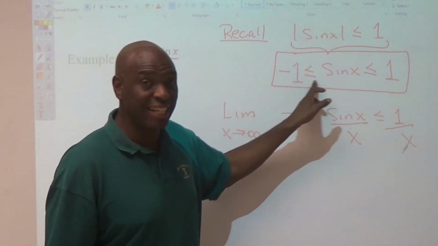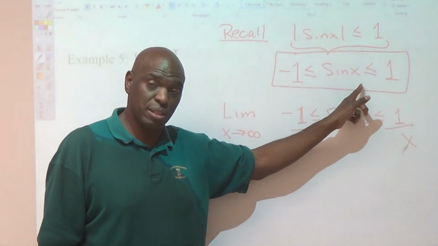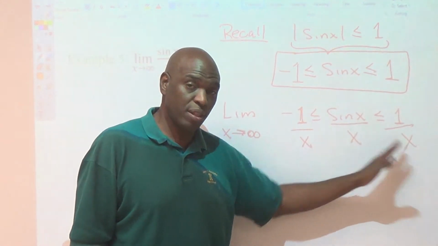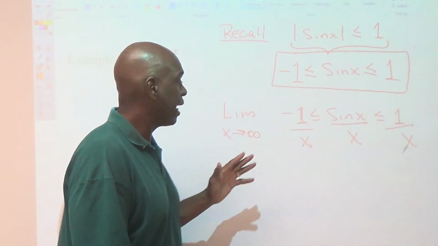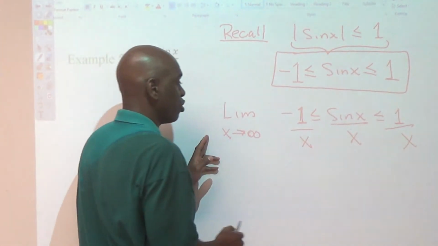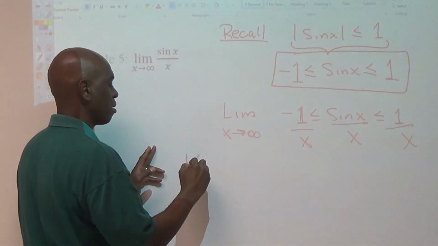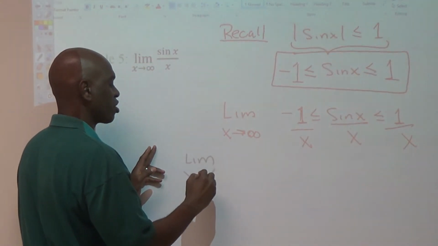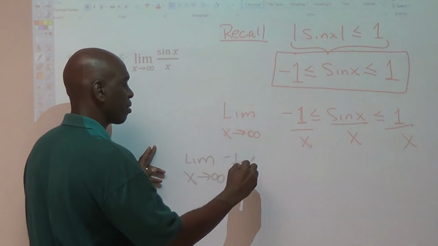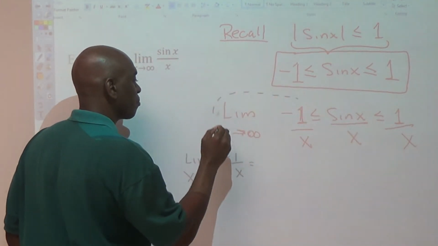So we took our fact: negative 1 is less than or equal to the sine of x, which is less than or equal to 1. Now we divide everything by x. Let's look at each piece individually. First, the limit as x approaches infinity of negative 1 over x.